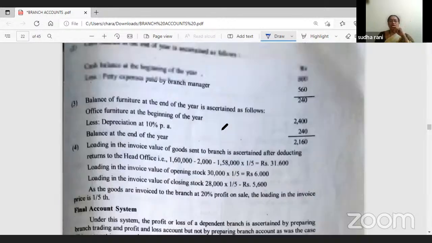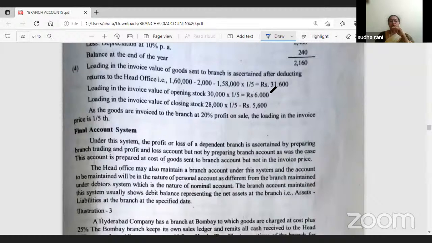So opening stock 30,000, 1/5 is 6,000, that is the excess of invoice price. Cost price is only 24,000 and 6,000 is excess. Similarly, closing stock 28,150, if you calculate, 5,600 is the amount by which the invoice price exceeds the cost.